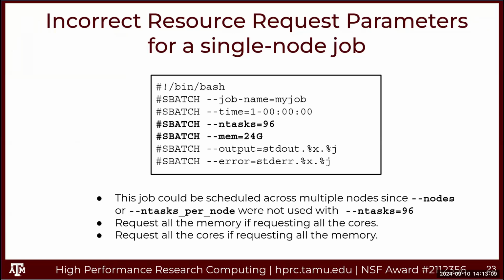If your software only supports running on one node, and you configure your job script like this, then Slurm will create your job across multiple nodes, and your software is only running on one node, and the other nodes are idle for the duration of your job. So be aware that if you specify ntasks, you need to specify nodes or ntasks-per-node.